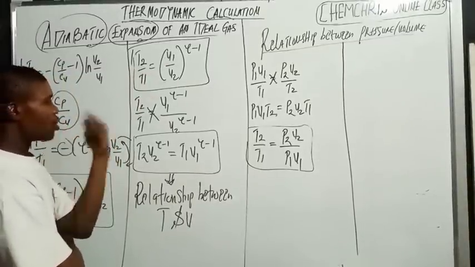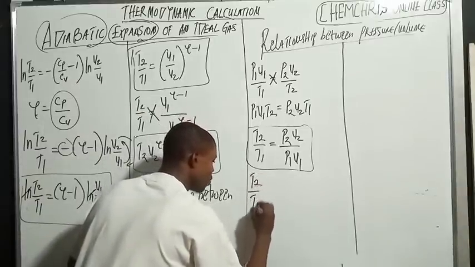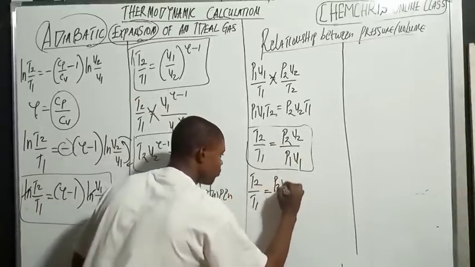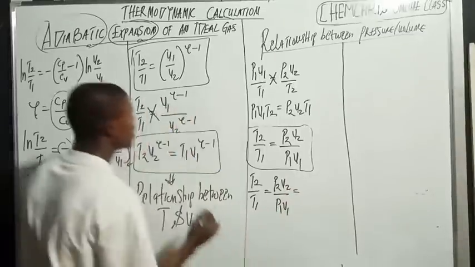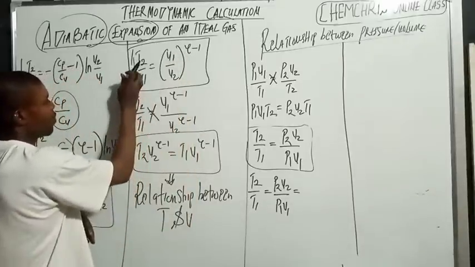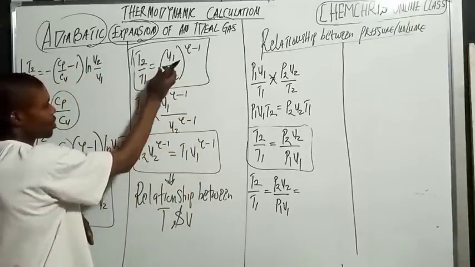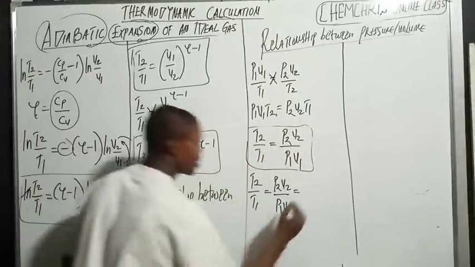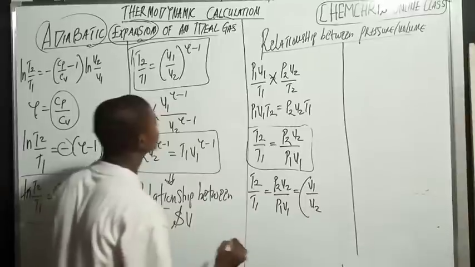So here we can say P2 V2 over P1 V1 equals this guy, and this equals this one here. So we can relate all of them. So here we can say V1 over V2, right?